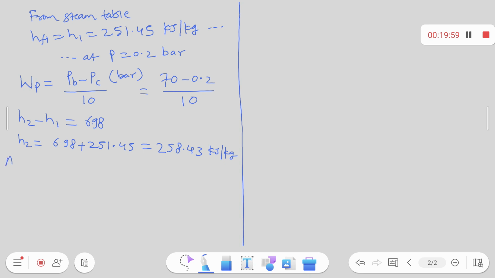Now at point 3, pressure is equal to 70 bar, temperature is equal to 500 degrees centigrade. Is it correct? From the HS chart or HS diagram.